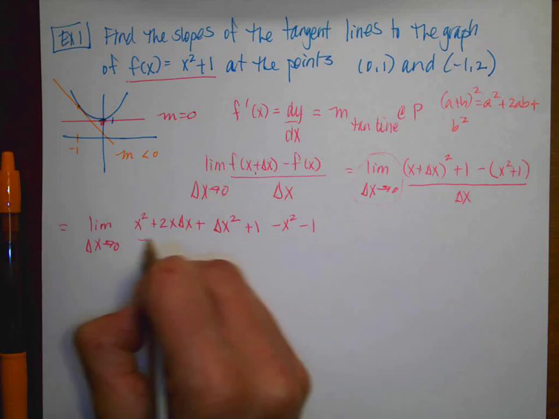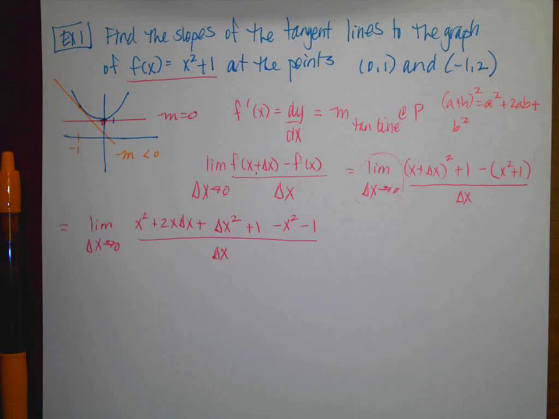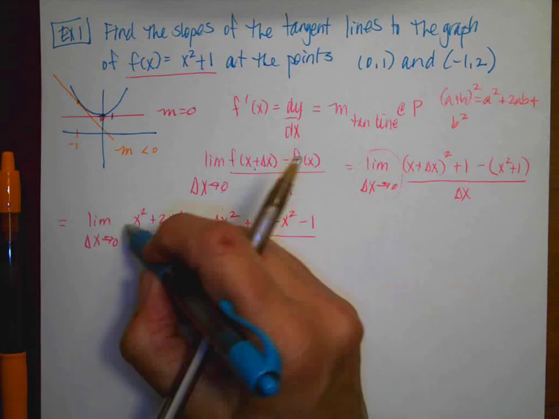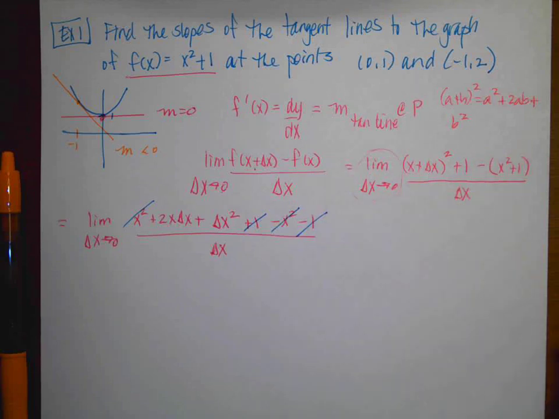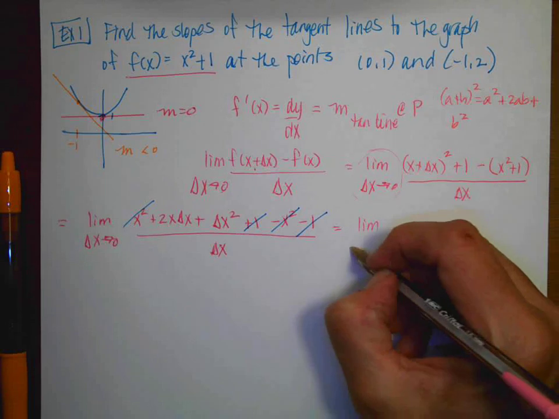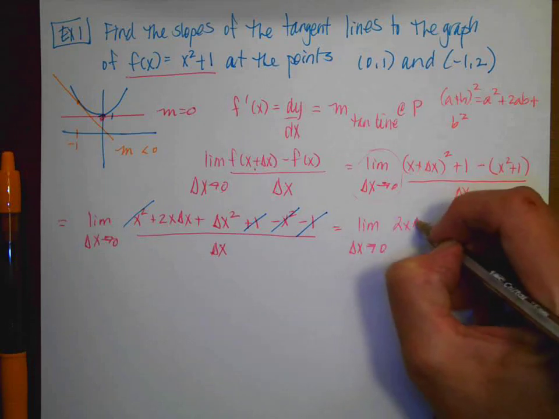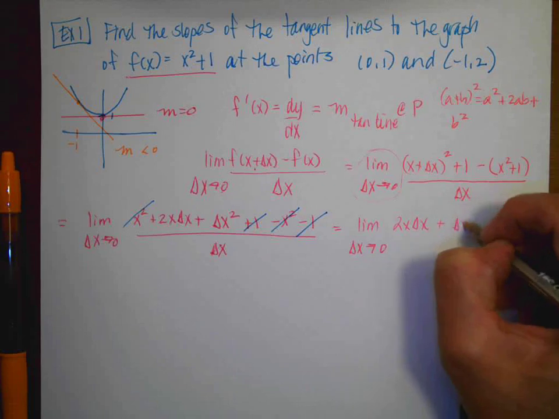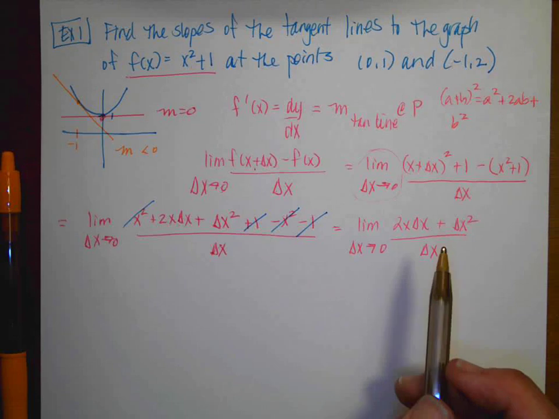Then I have minus x squared minus 1 over delta x. Now it looks messy, but if you'll notice, a bunch of things cancel. The x squareds cancel, the 1's cancel. Now you'll notice that I'm just going to write this out just to make it neater until we get used to this process. So I have 2x delta x plus delta x squared over delta x.